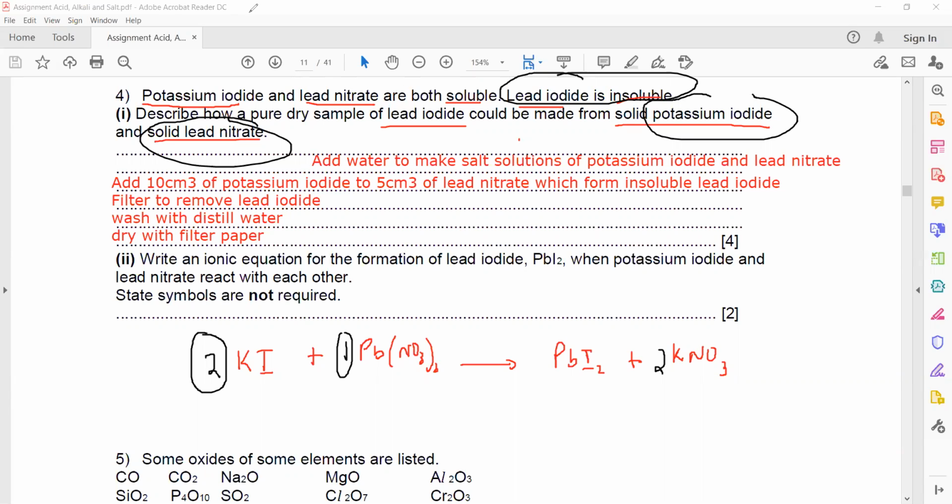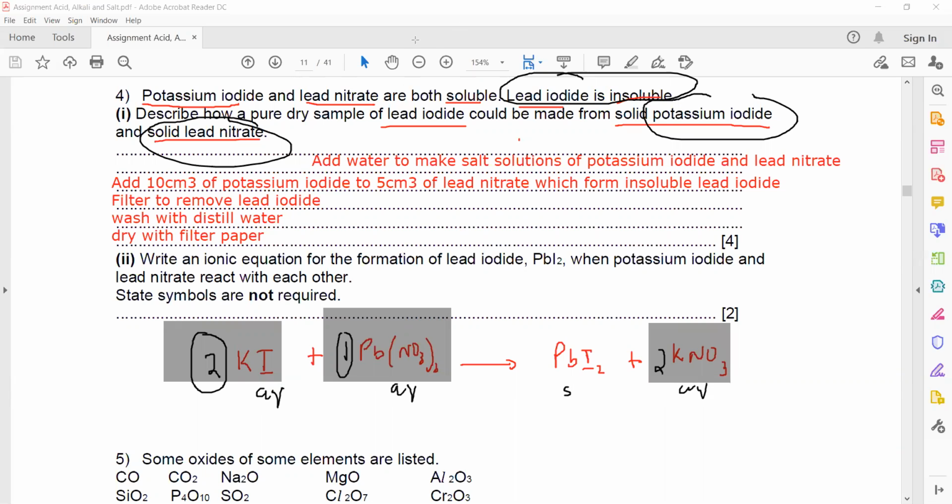Now you want to write an ionic equation. To write an ionic equation, potassium iodide, group 1 salts are soluble. This is aqueous, this one is solid and aqueous. So if I highlight the aqueous substances and cancel the common ions, here potassium is common, that I will cancel, and nitrate is common, that I will also cancel.